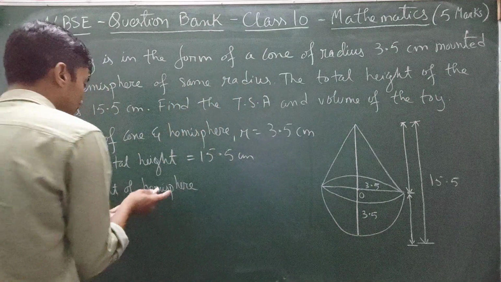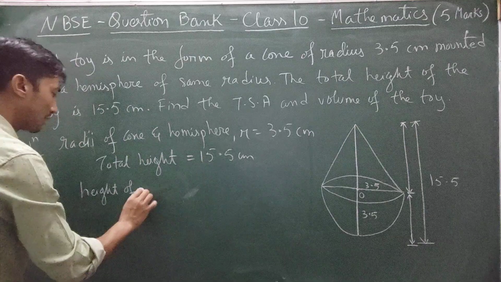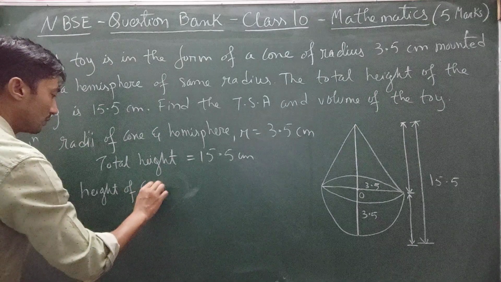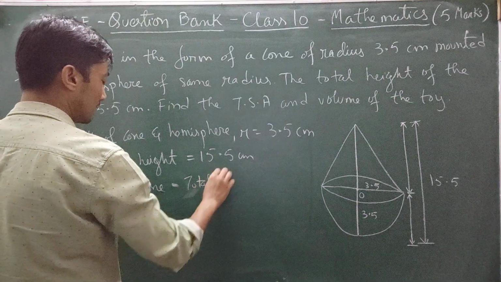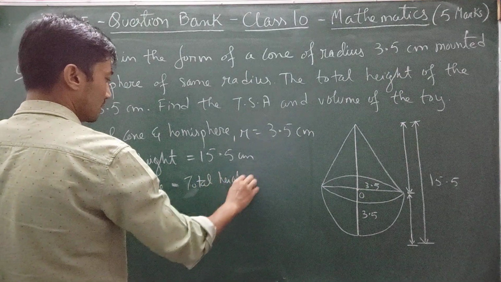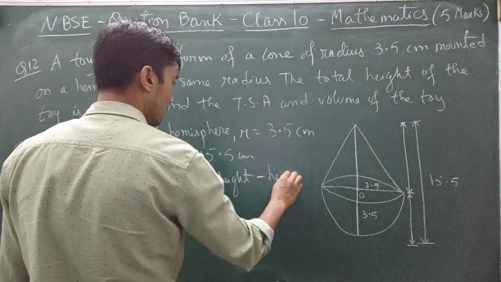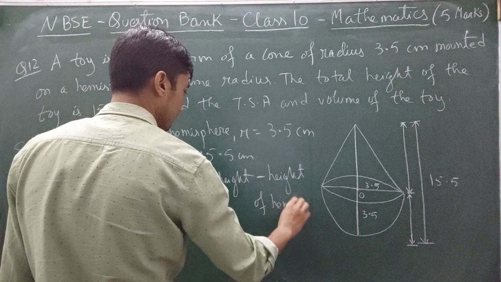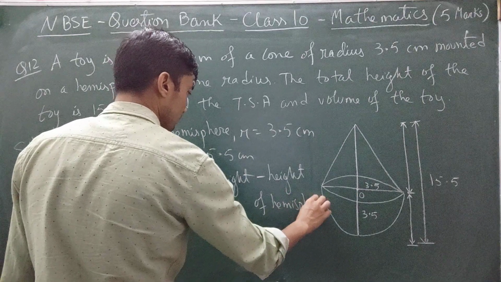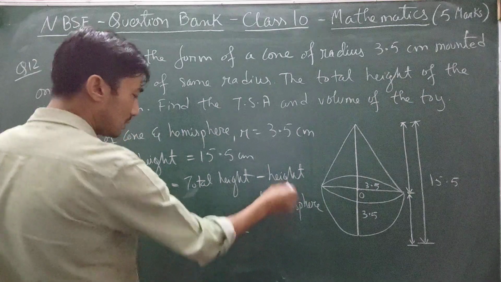I'll just write in detail. Height of cone will be equal to total height minus height of hemisphere.